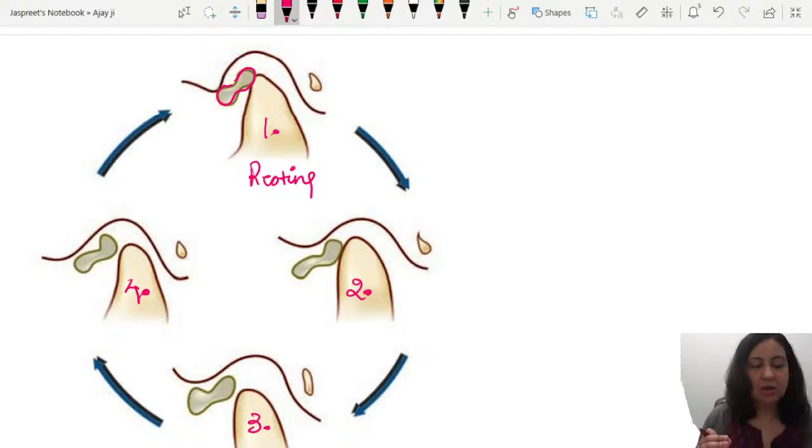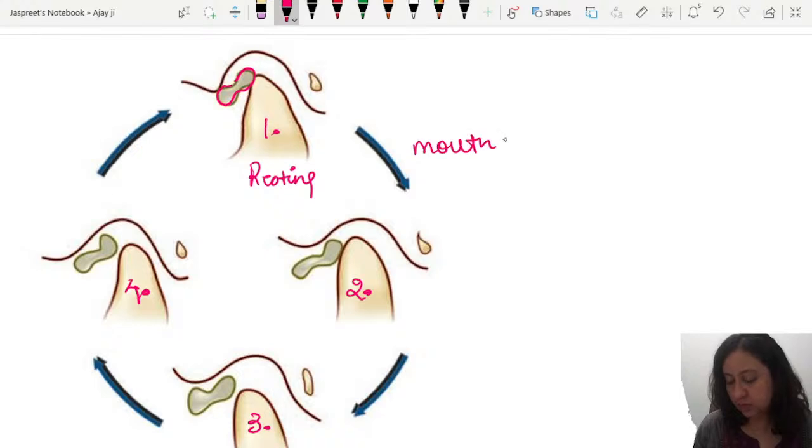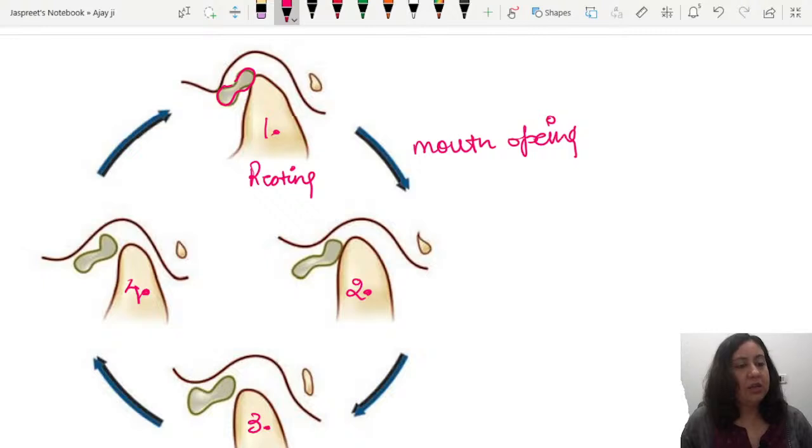Here mouth opening has started. Just remember, the details might not be technically correct in the diagram. When mouth opening starts, the disc is present in its position, the condyle is moving.